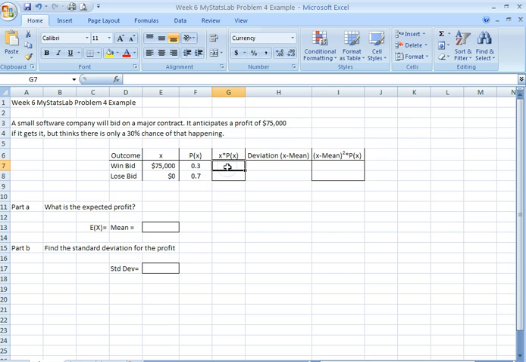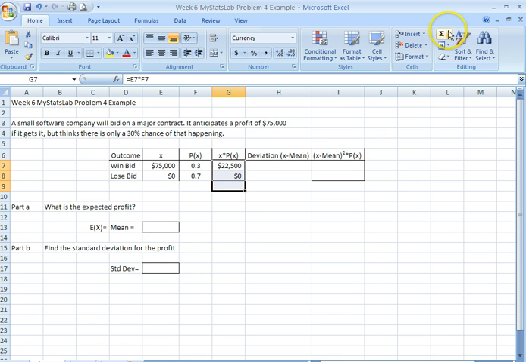So the first one equals x times that probability, enter. The second one equals x, and I know how this one's going to come out, times that probability, enter. Yep, I kind of knew that.